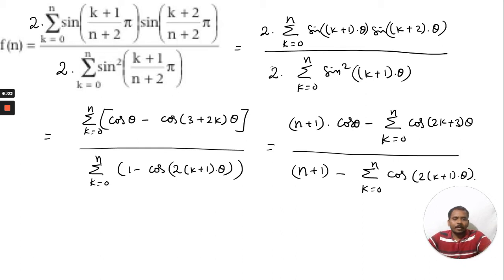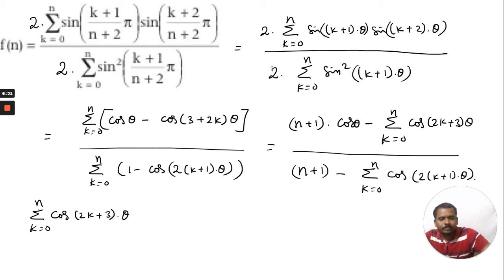Right? Now, if we simplify this summation in the numerator and this summation in the denominator, we'll have the simplified f of n. So let's try to simplify this. Let me take the numerator summation, that is k equal to 0 to n cos (2k plus 3) theta.